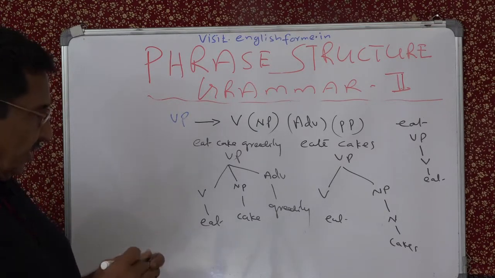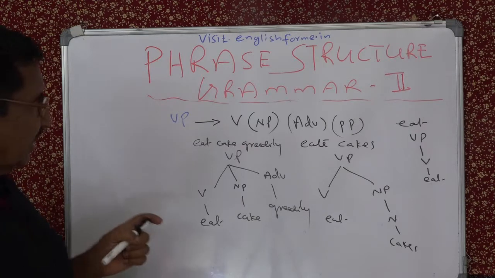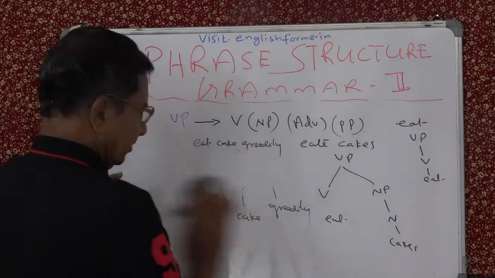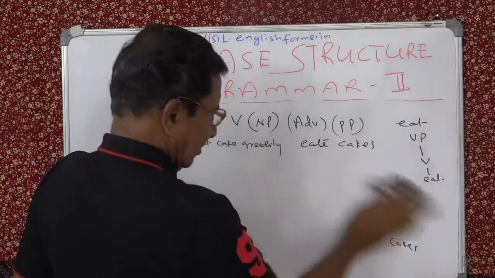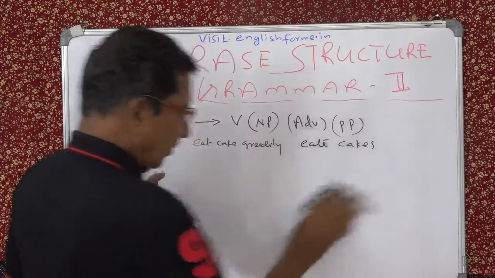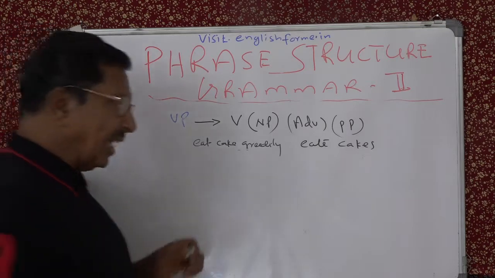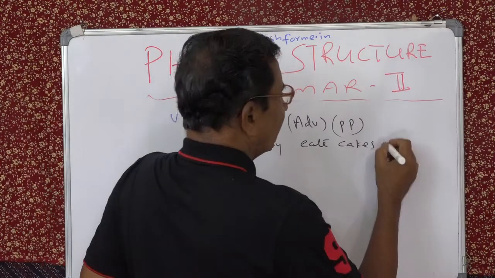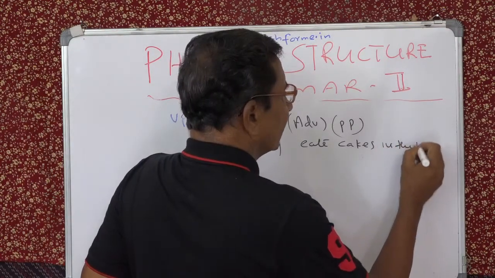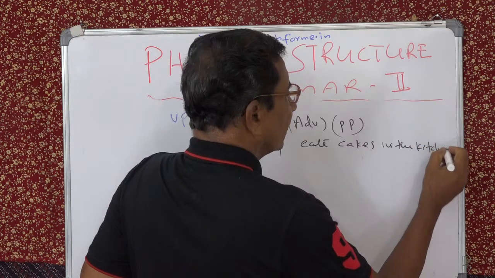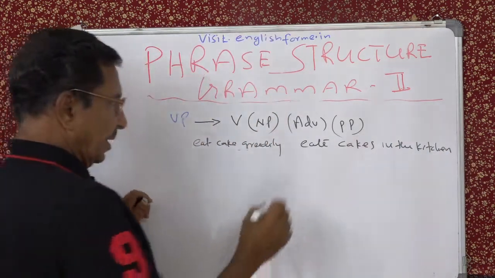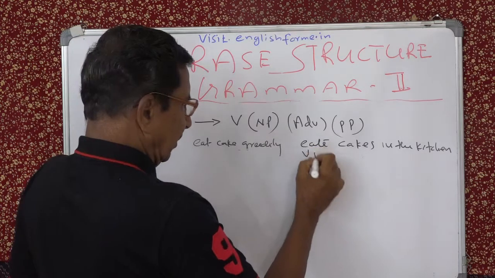And now you can further develop it. I can develop it like this: "eat cake greedily in the kitchen" or in the dining room. Okay. Or like "in the kitchen." So this is a VP.